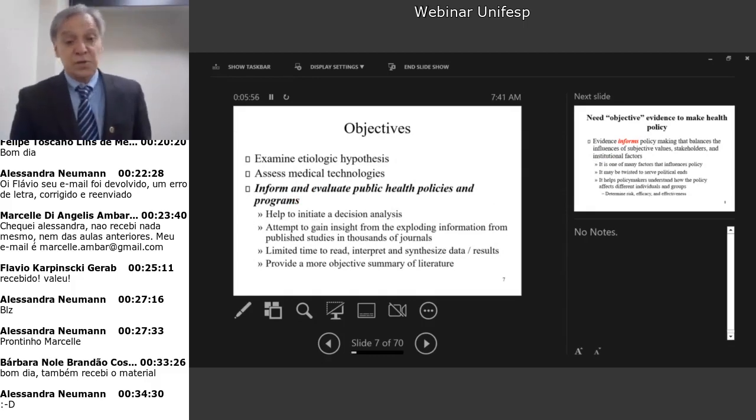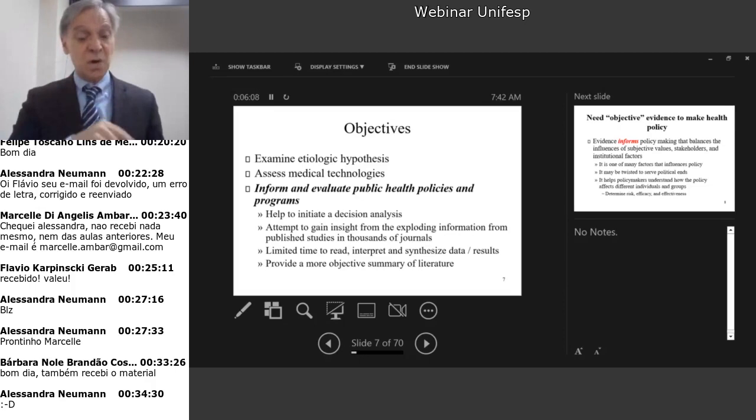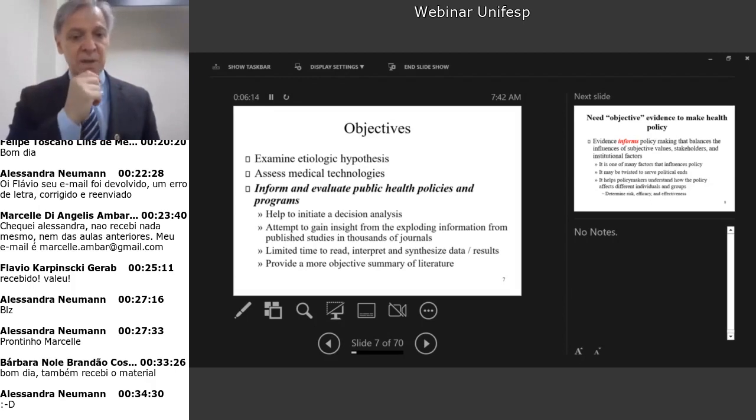So that's another use of meta-analysis. I hope everybody's familiar with the term etiological hypothesis, right? Etio meaning the cause, the original cause. So etiological means I'm trying to understand what causes that outcome, okay? Assess medical technology is a little different: it is to assess how good the technology is.